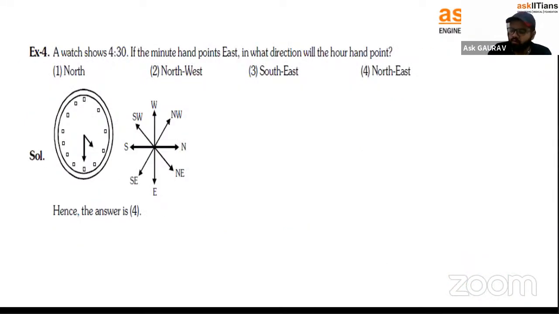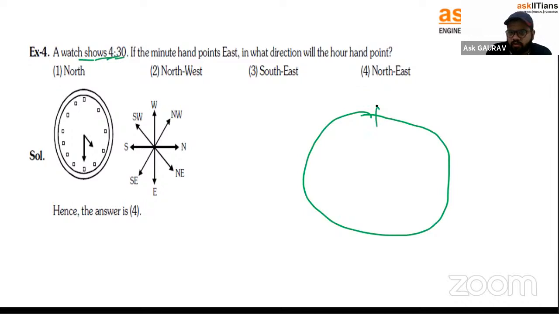Okay. One important question also. A watch shows 4:30. Let's say this is your watch. This is 12. Then 1, 2, 3, 4, 5, 6, 7, 8, 9, 10, and 11, right?